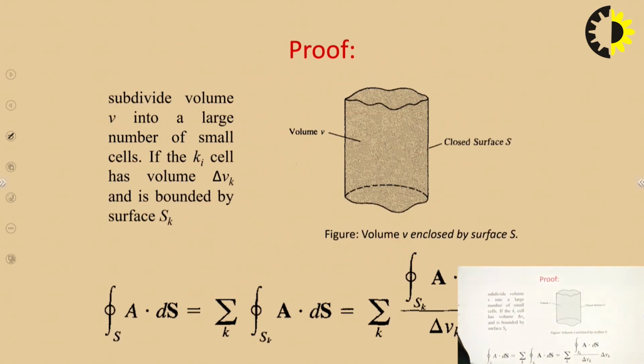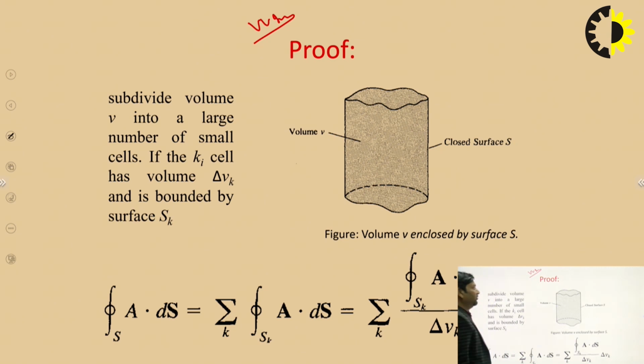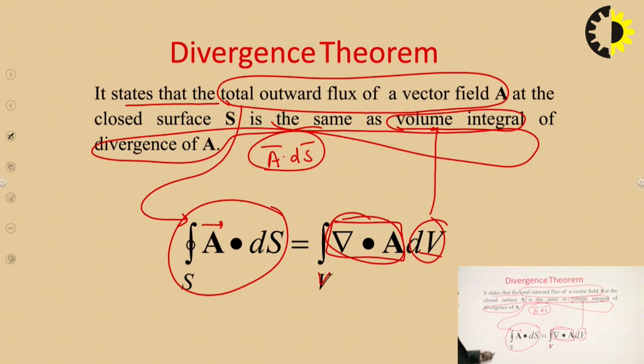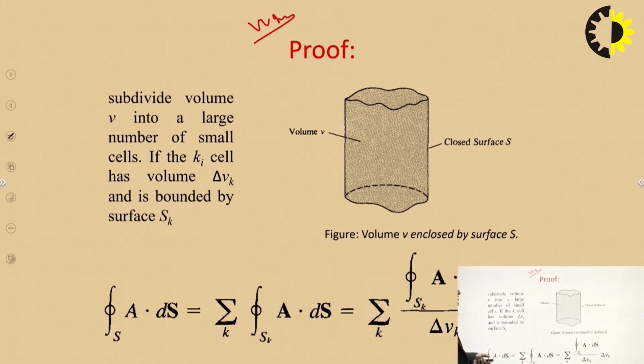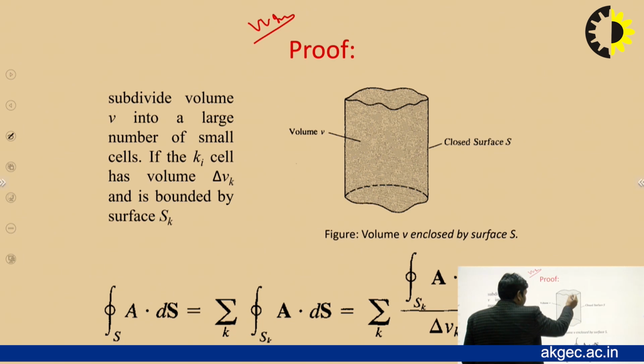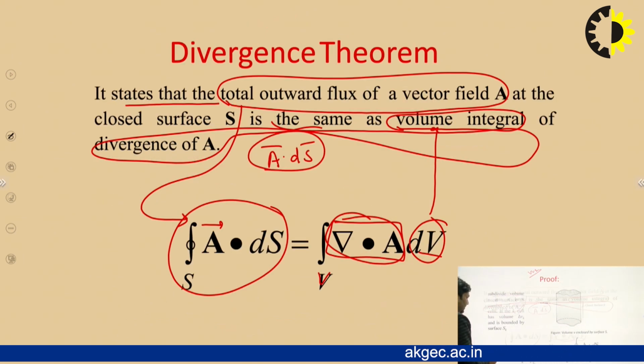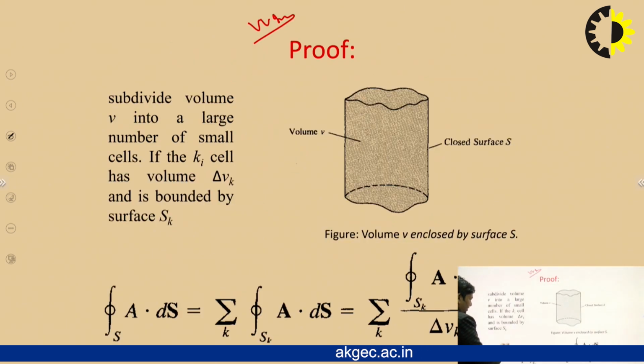So this is the derivation of the Gauss divergence theorem. This is very important in unit 1. You have to state the Gauss divergence theorem and its proof. Take any closed surface, divided here, and the volume is V. If I take the LHS, A dot ds is the LHS side.